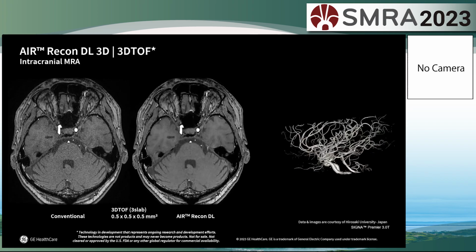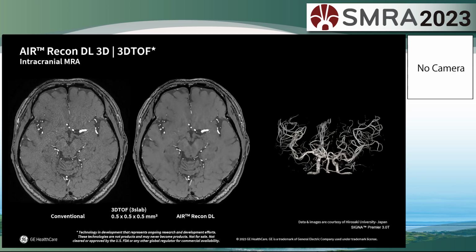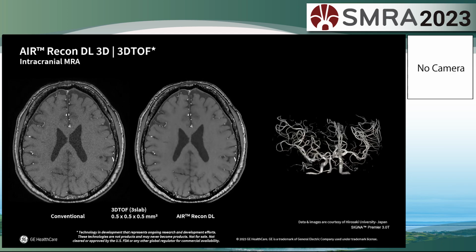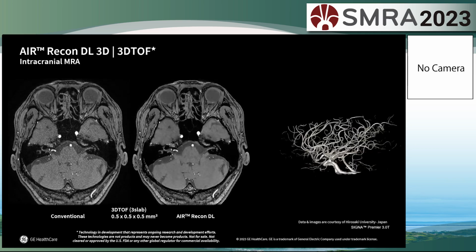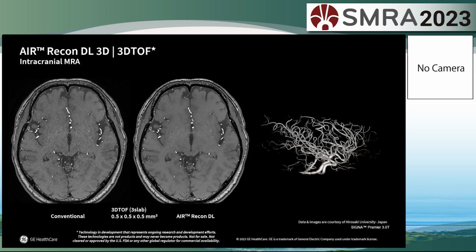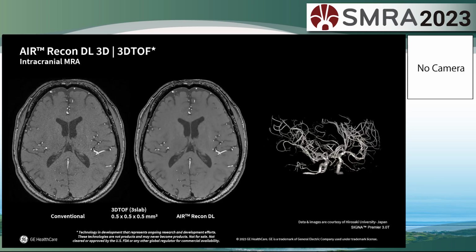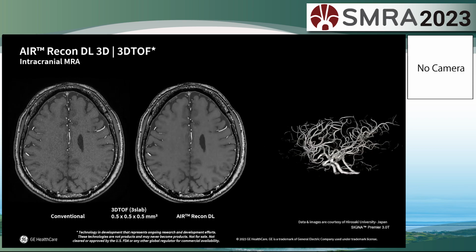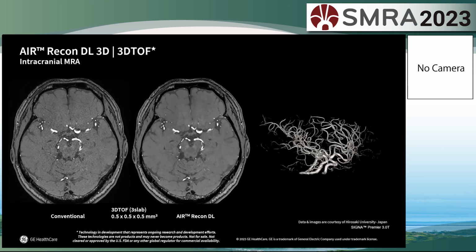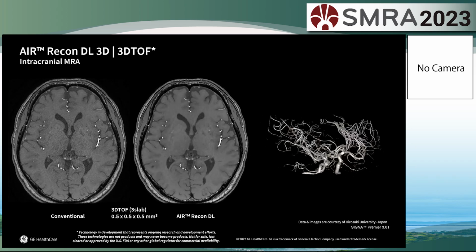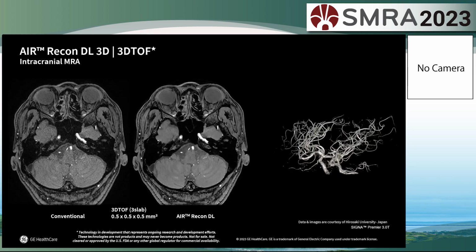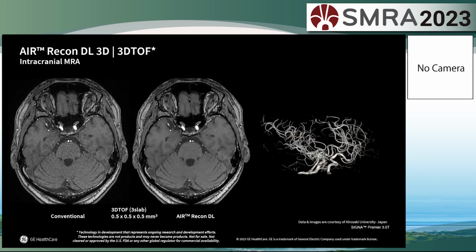So this is a slide for our technology development. As I mentioned earlier, the high resolution imaging typically suffers from the SNR of the images. So now we are developing the AIR Recon DL for 3D TOF MRA. As you can see on the left side of the slide, the AIR Recon DL can improve the SNR of the 3D TOF source images significantly, which can also help provide good MIP images shown on the right side.